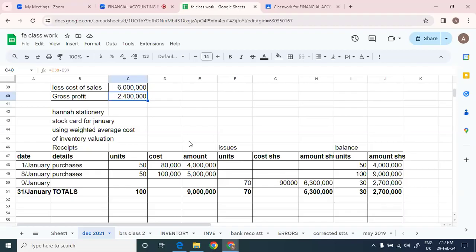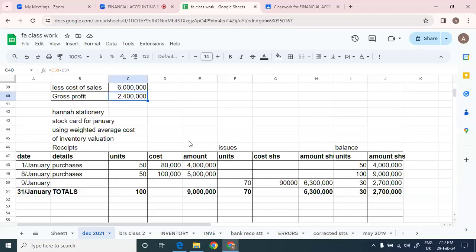We are going to write definitions under PPE. One is cost.